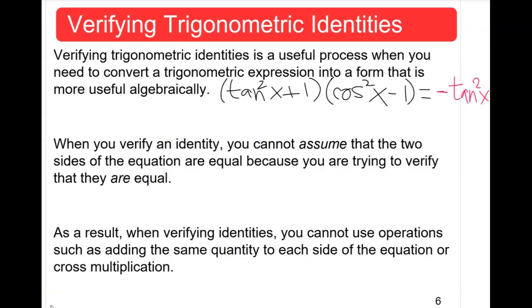Verifying trigonometric identities is a useful process when you need to convert a trigonometric expression into a form that is more useful algebraically, or something that will be more useful for you to manipulate. So in this case, I wrote down an identity, and you could see the left side. We could see that it is more complex.